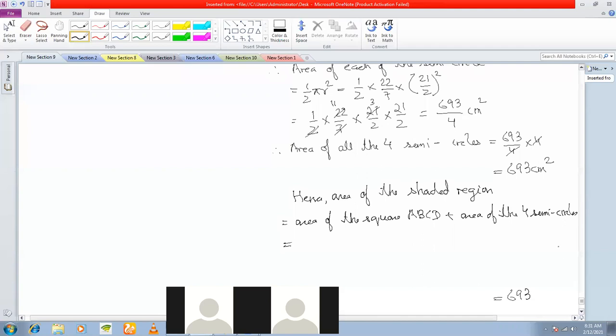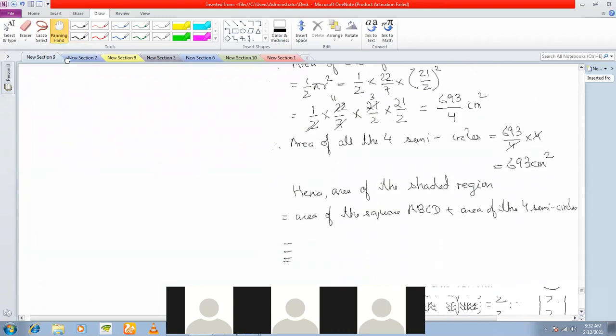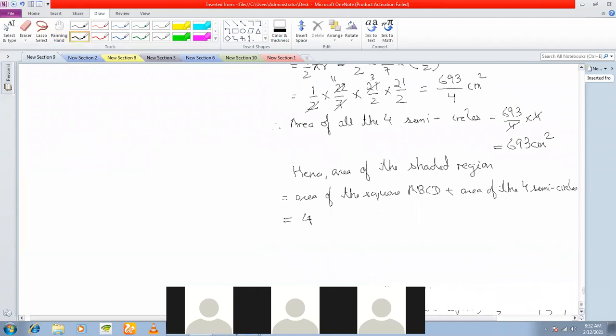Area of the square we have found as 441. Plus area of all the 4 semicircles we found 693. Just add them, and so this is 1134 centimeter square.